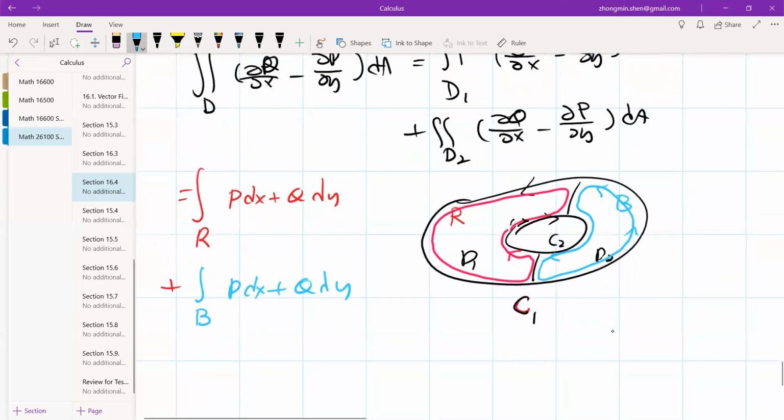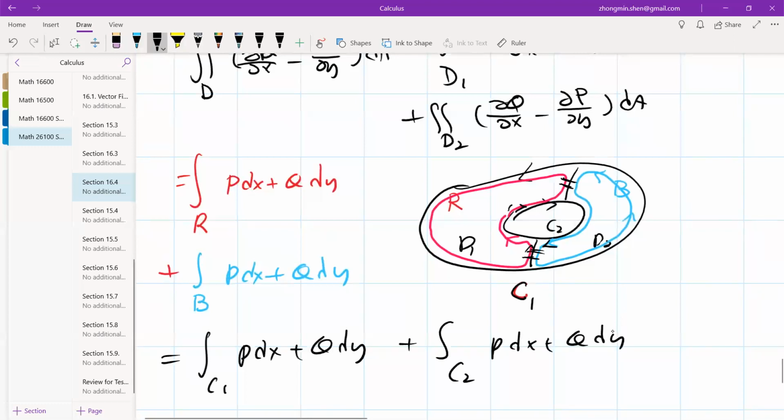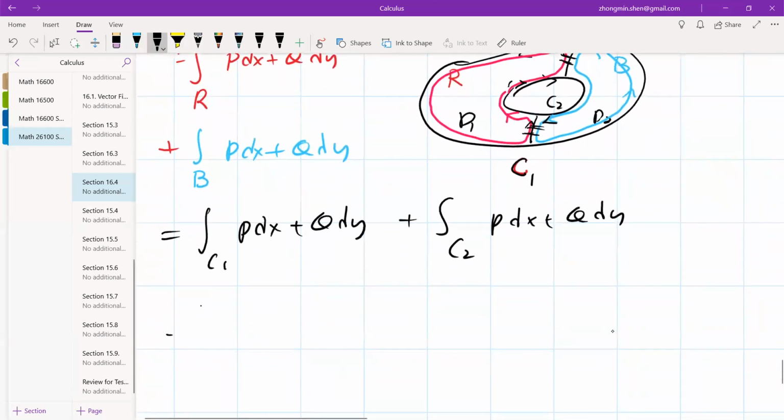So combine those line integrals together, and you will see that these two pieces here are in opposite directions, so they cancel out. One is going this way, the other going that way. So after you combine them, you get the double integral equal to the integral over C1 plus C2 of P dx plus Q dy. Then you group them together, and it is just the integral over C of P dx plus Q dy, because C is the union of these two curves.